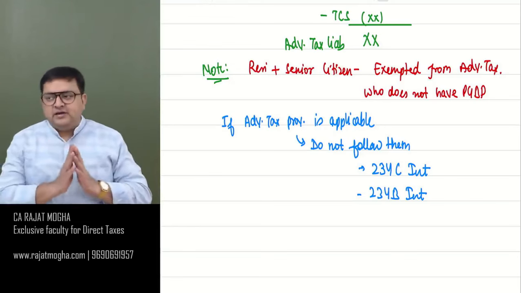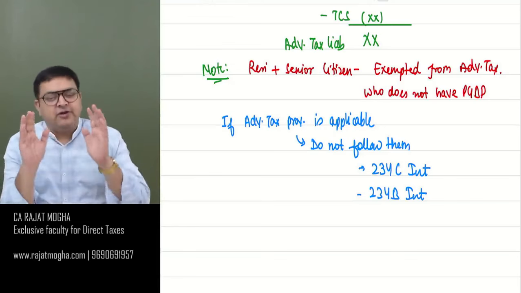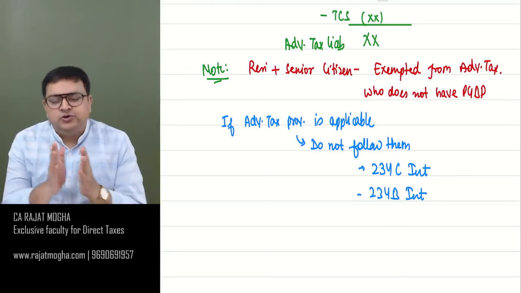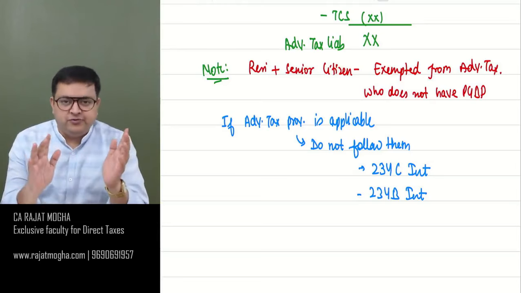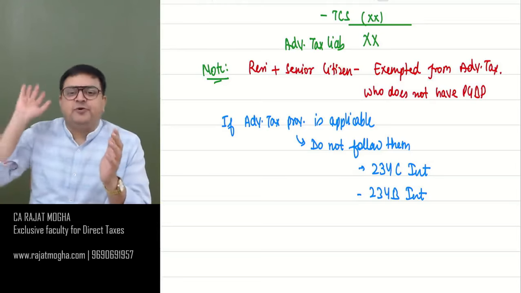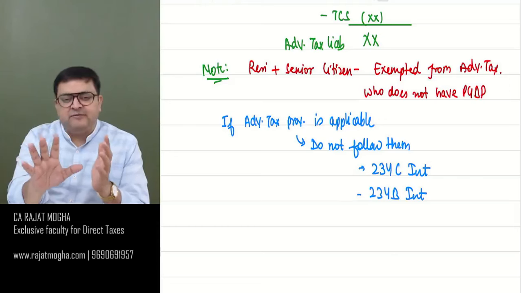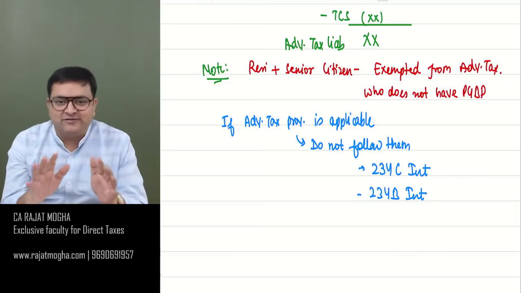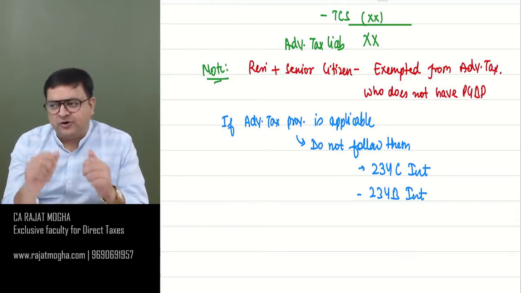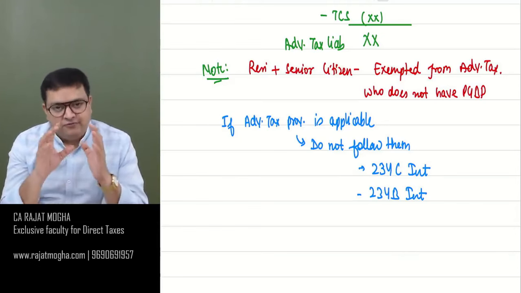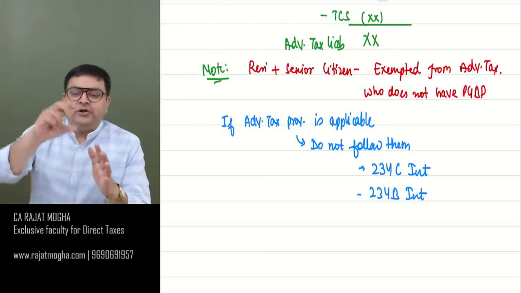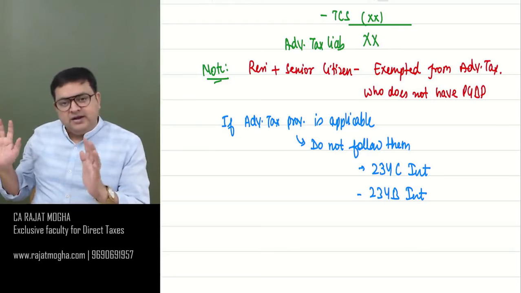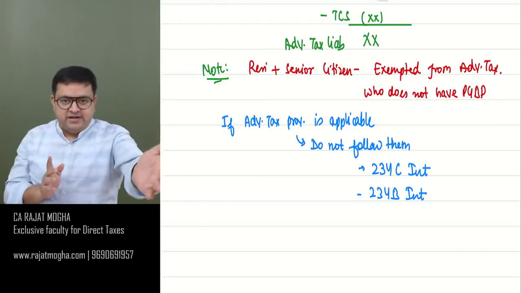So don't look right now, Pradeepa, from the assessee's point of view. Look from the income tax point of view. In your examination, this will come. Had it been from the assessee's point of view, I would have told you in regular classes or fast track classes, not today. For your examination purpose, look at it from the point of view of the income tax department, that how much interest they will take.